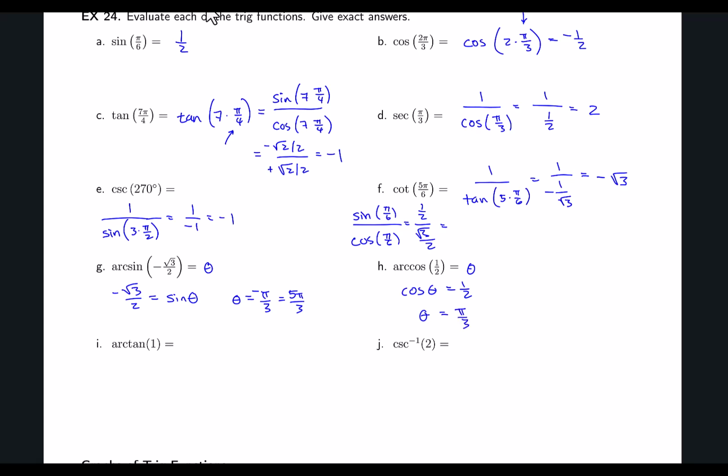So you have to have those special angles memorized in quadrant 1 in order to be able to do these in reverse. That's why it's important to have at least those memorized so you can associate the angle measures for the arc trig functions. And for arc cosine, the angle measures are supposed to be in quadrants 1 or 2. This is in quadrant 1, so that's perfectly okay.